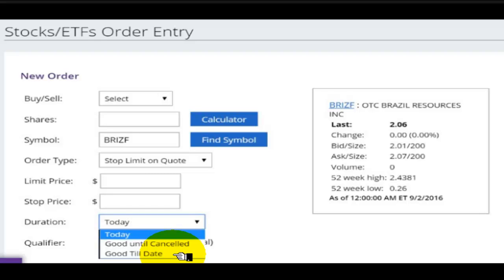Most forex brokers allow you to put an order in and leave it until a date if you want. So you can let the order run all month, or you can let it run all year, whatever they allow based on their calendar and available dates. But good till cancel is the same thing. It's just saying it's going to sit there and work until you cancel it, no matter when that is. So that's just something to keep in mind too.